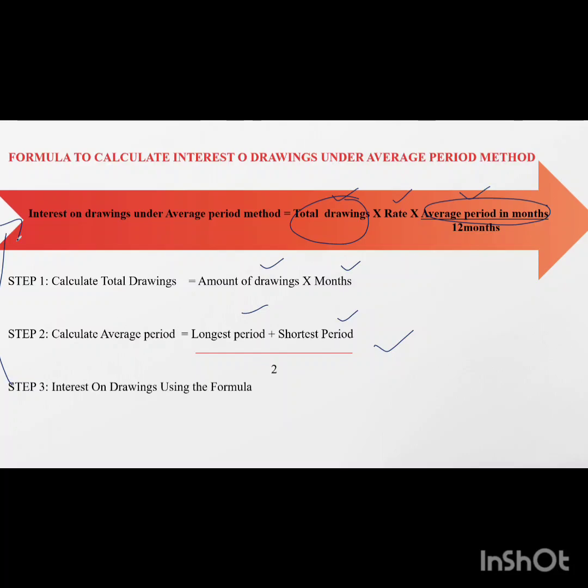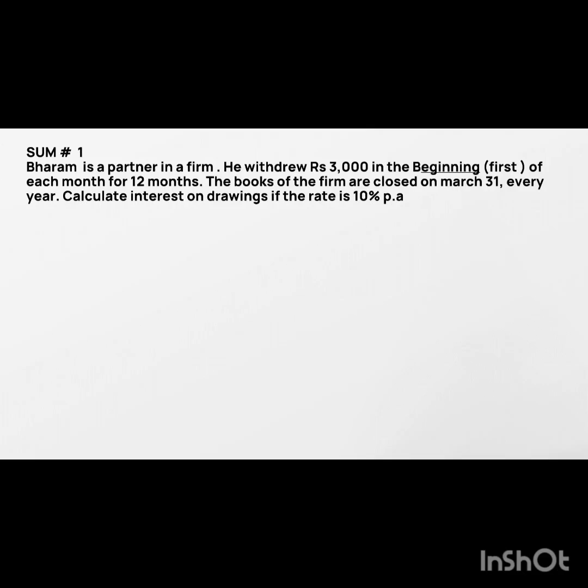Now let us work out one sum under this average period method. Baram is a partner in a firm. He withdrew rupees 3,000 in the beginning of each month for 12 months. The books of the firm are closed on March 31st every year. Calculate interest on drawings if the rate is 10% per annum.